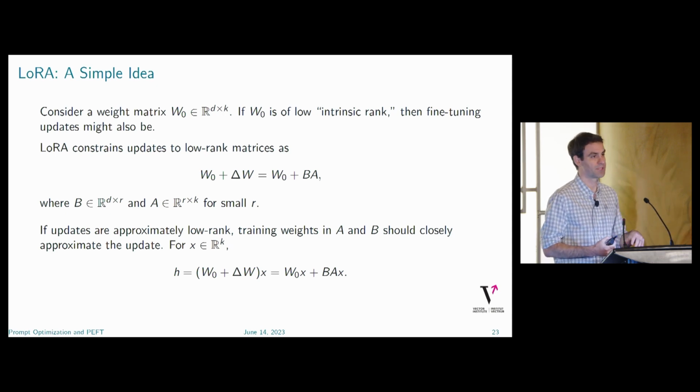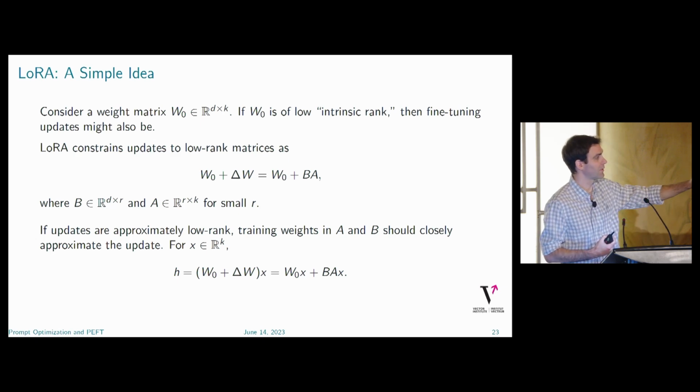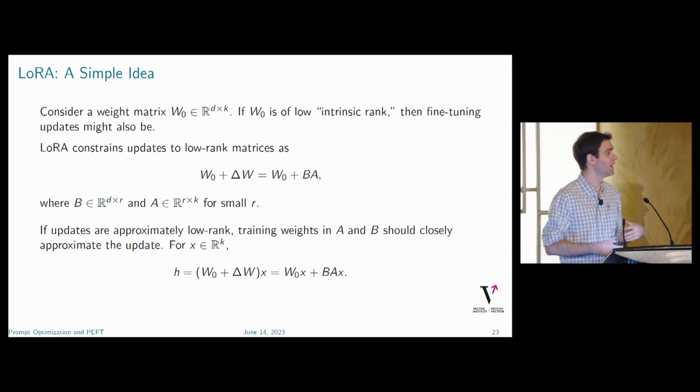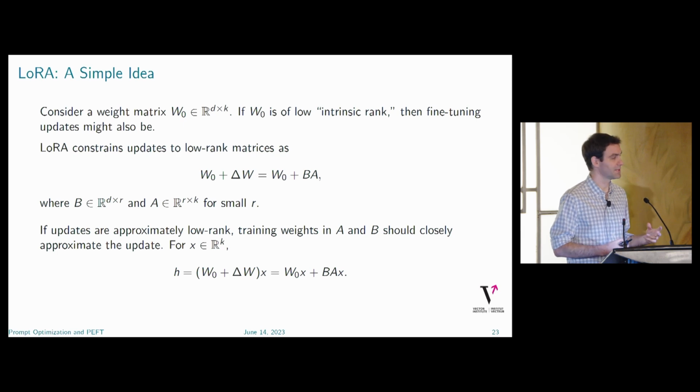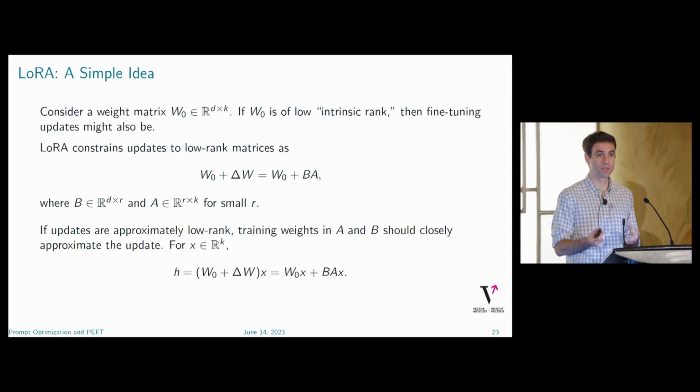In this case, they're represented by B and A. And so through training, LoRA constrains the weight updates to be represented by these two low-rank matrices, B and A, where R is that low-rank representation. So R can be very, very small for LoRA. We'll look at some experiments with that in a second. But the idea is that if the fine-tuning updates are also low-rank, B and A will capture them extremely accurately.